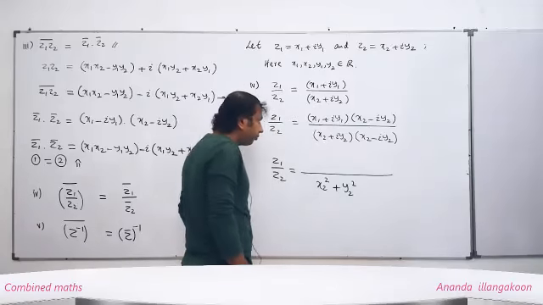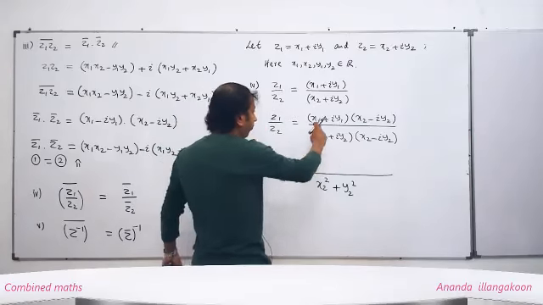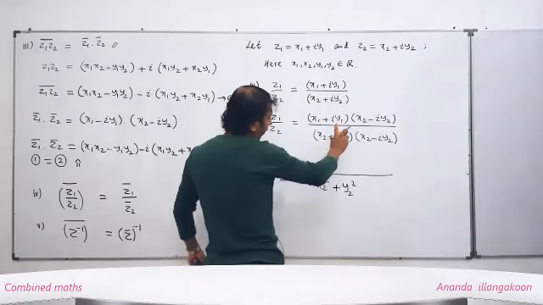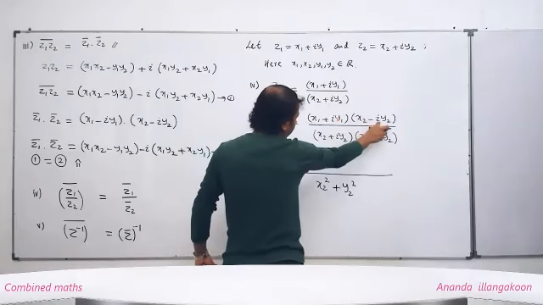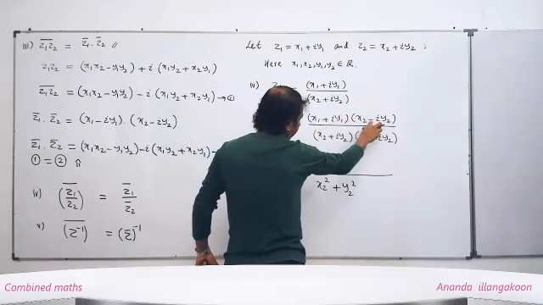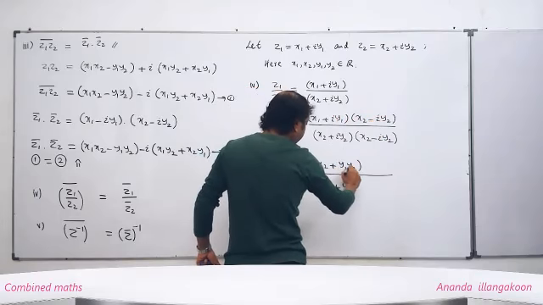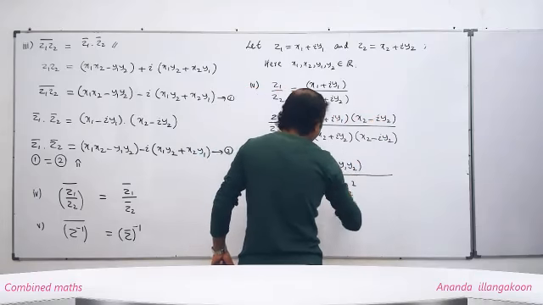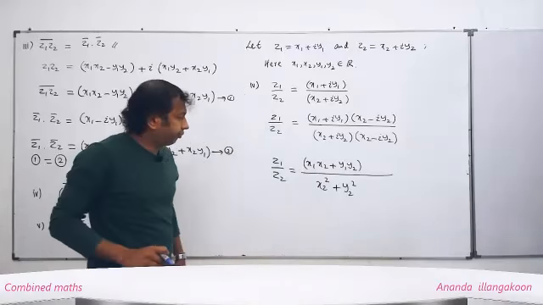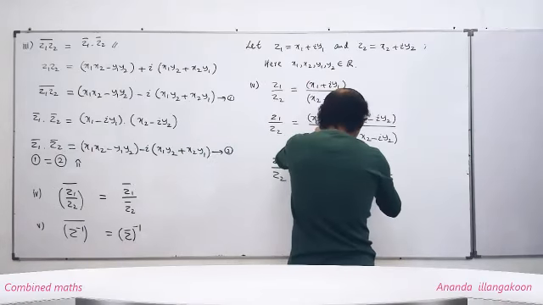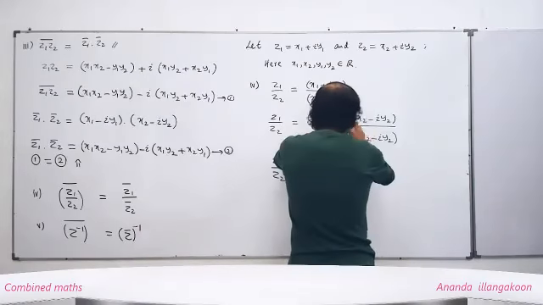Right. Now we multiply like this. X1, X2 we multiply. And this we multiply. Then I and I squared, that is minus 1 with this minus sign plus sign. Y1, Y2. And next, we take this I, X2, Y1.